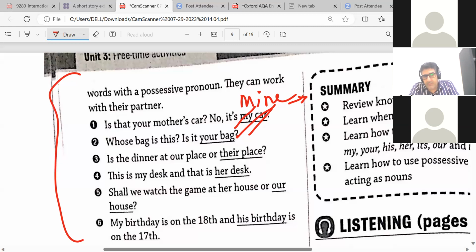Another one. Whose bag is this? Is it your bag? Is it yours? Yes. I remove your bag.